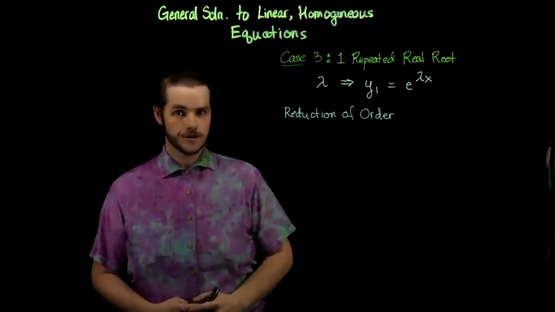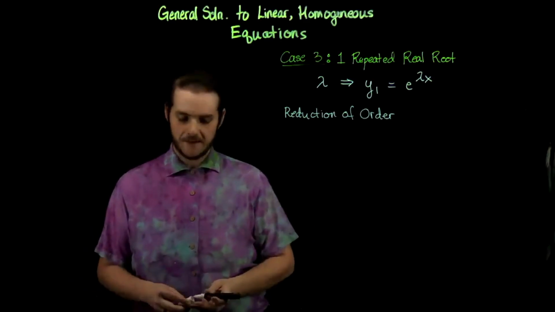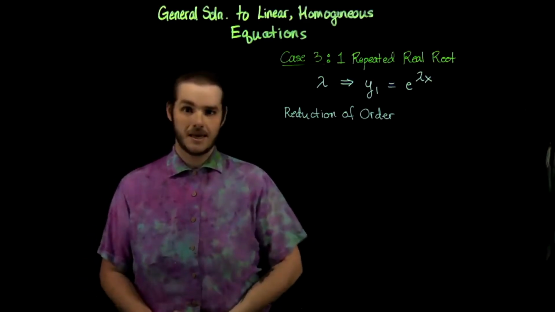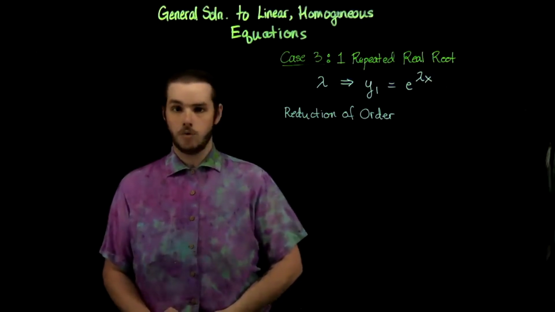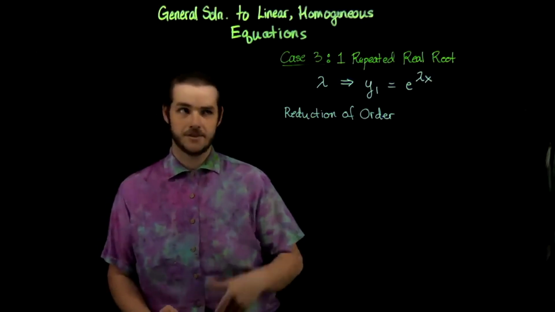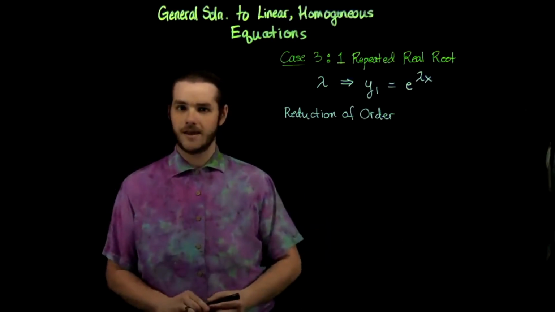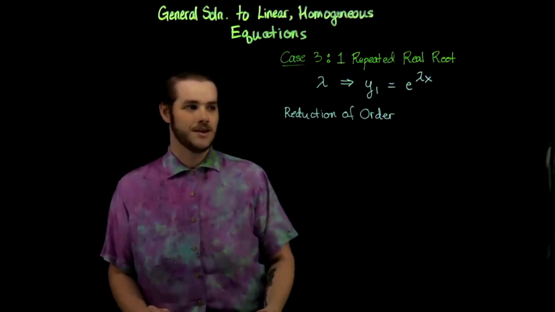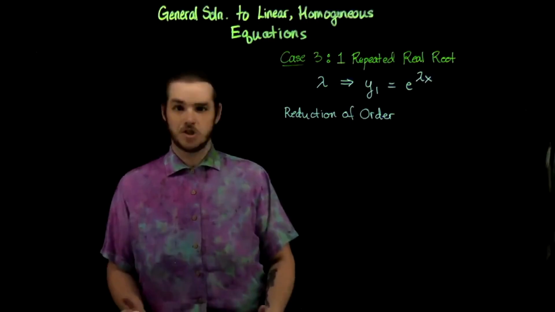All of our solutions, remember this whole thing was based off the fact that our homogeneous equations tend to look like exponentials. So what else behaves like exponentials in the sense that when I take their derivatives, they look the same? Well, it's anything with an exponential, really. And to keep it simple, let's just use a polynomial.